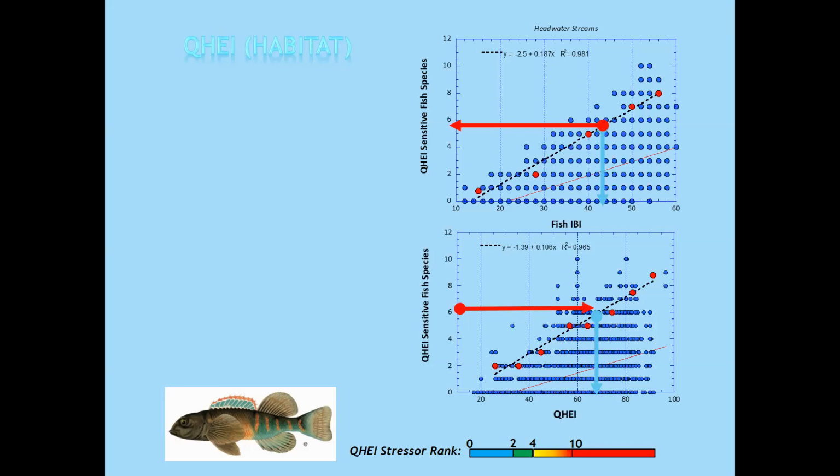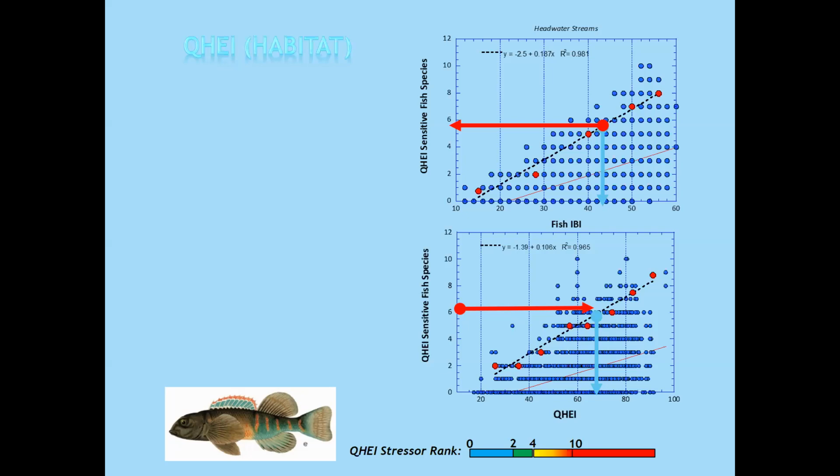Now, we have to make sure that that does not move away from a relationship with our fish IBI, because obviously our end goal is to move these waterways into compliance with the Clean Water Act, and that regulatory goal is general use biology. So the upper plot shows a regression between the QHEI sensitive species and fish IBI, and once again we have a very good relationship there.